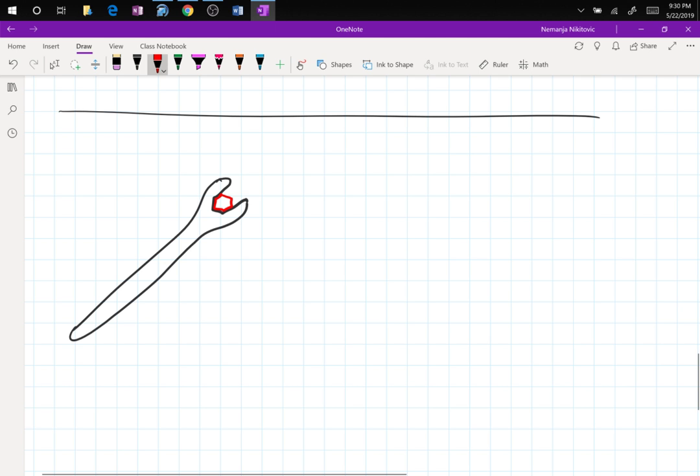So now you apply force here. There is the radius r, and what happens here is this turns with what we call torque.